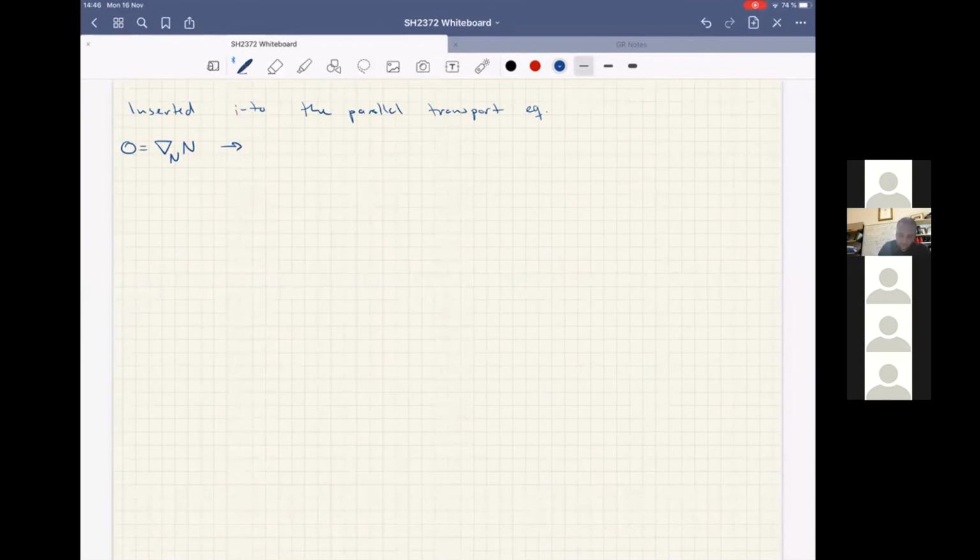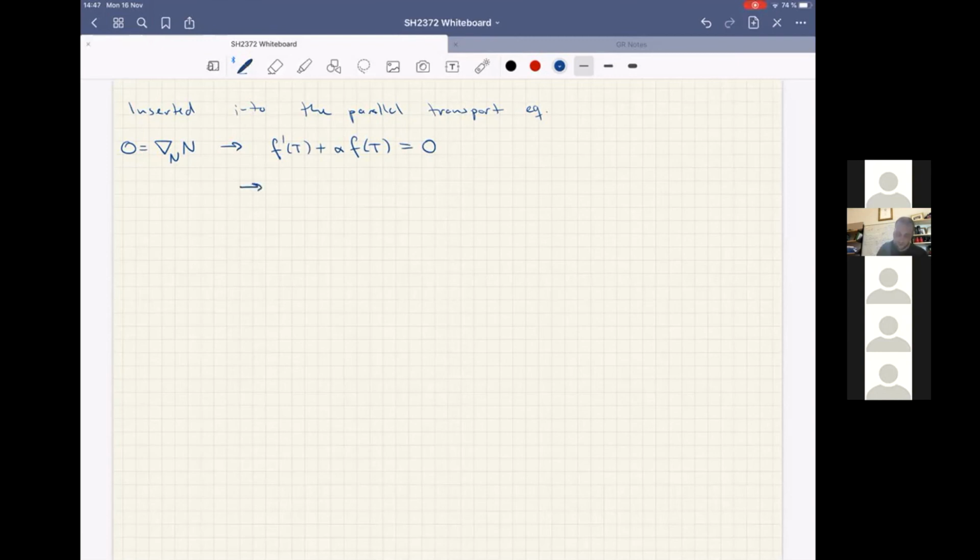And what we're going to find out, if we do it properly, the math is in the lecture notes, is that f prime of t plus alpha f of t is equal to 0. Now this is something you can solve.